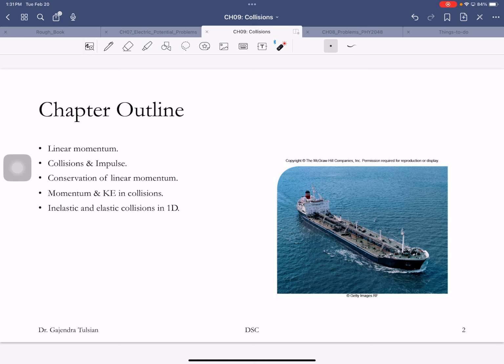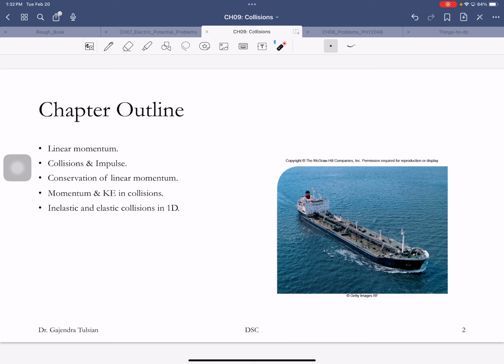This one's going at 10 meters per second, this one's going at 5 meters per second. You know that after the collision, because kinetic energy has to be conserved, none of them can go faster than 15 meters per second, right? That's the kind of statement you can make. So, conservation of linear momentum.